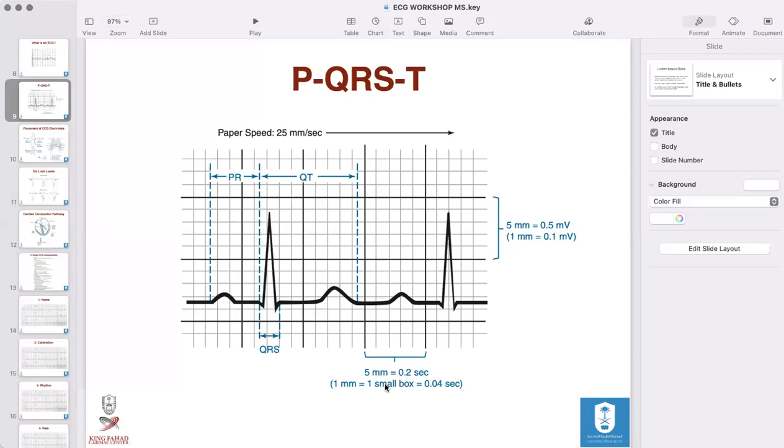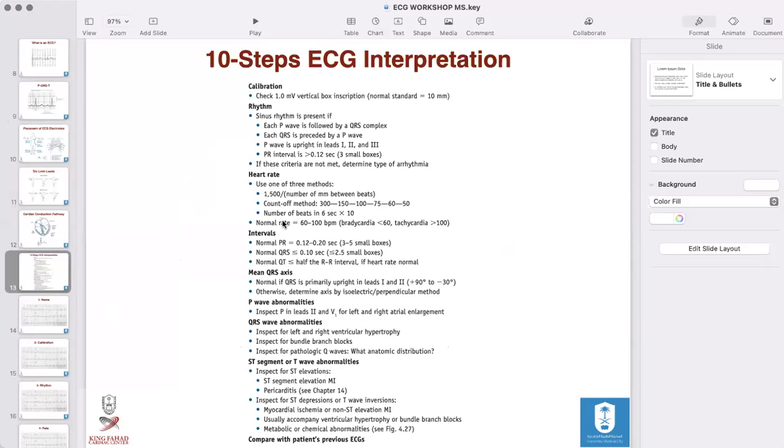So you have to know the normal PR: 120 to 200 milliseconds, which is 3 to 5 small boxes. Beyond that, it's an AV block. Below that is pre-excitation or junctional rhythm.